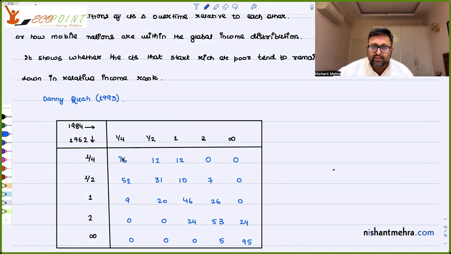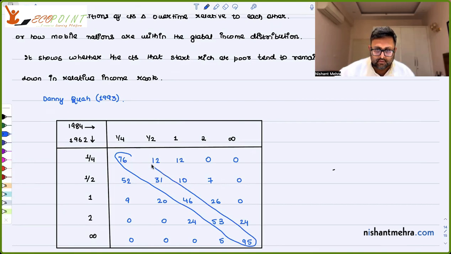One, you just look at the diagonal entries, like this. Just look at these diagonal entries. So diagonal entries are going to tell you the countries that remain as they were in 1962.